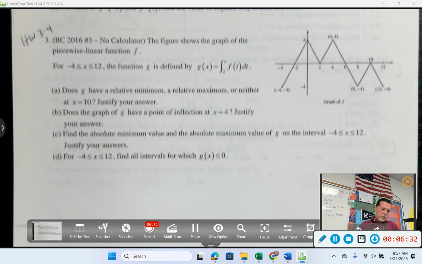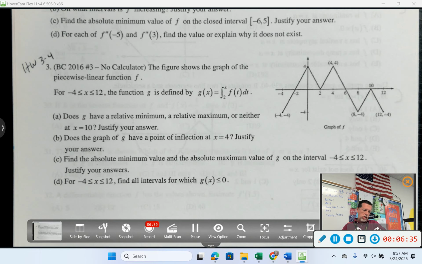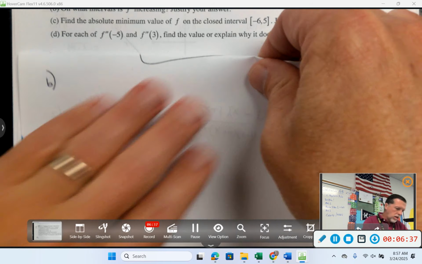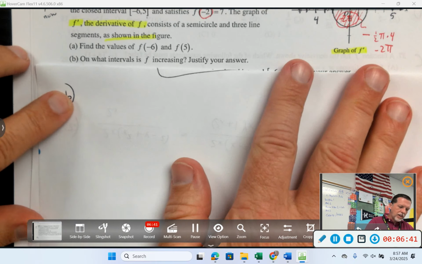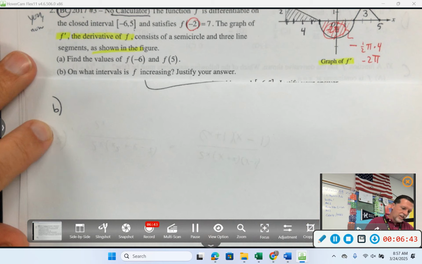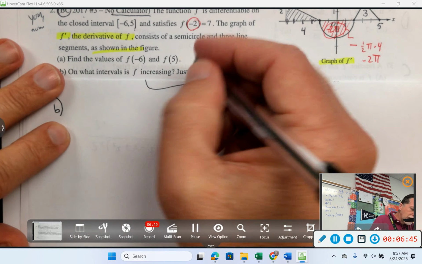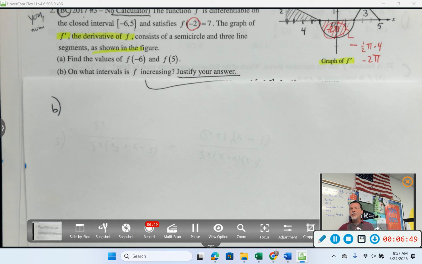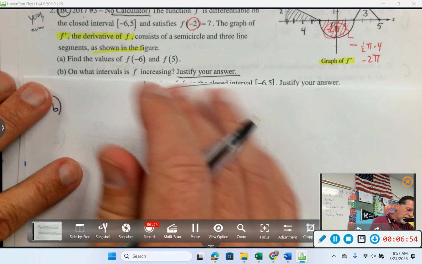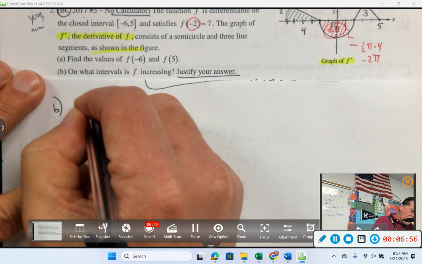All right, part B. On what intervals is f increasing? Justify your answer. I don't know if it's always, but almost always when you see justify, you should probably justify first, because then you'll know what you're looking for. So let's justify first.